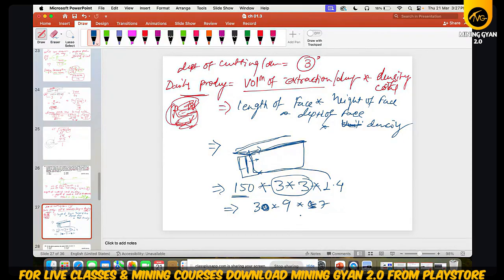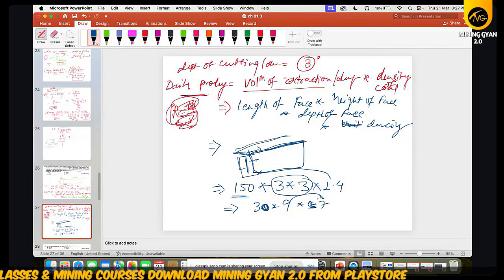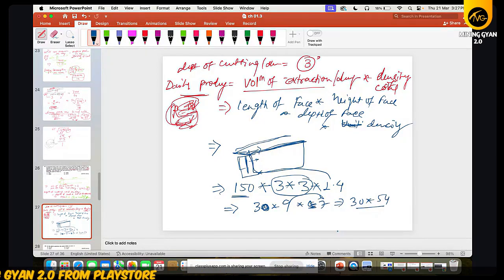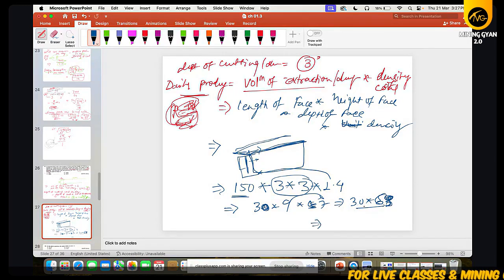Okay, and now this is 30 into 54. I have done something wrong. It will be no change, 63 na, and now it will be easy to multiply with the 3.